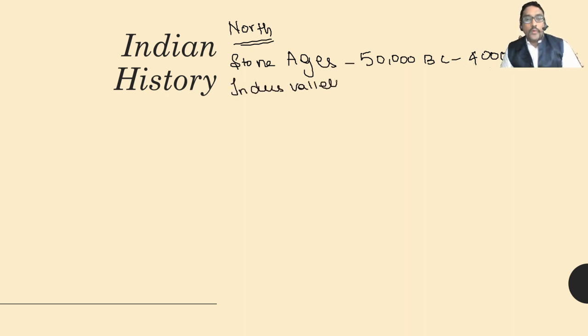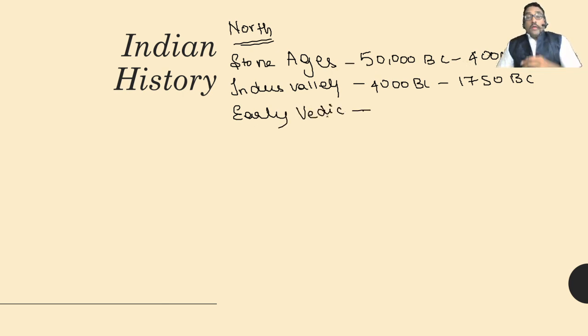Indus Valley, 4000 BC to 1750 BC. Early Vedic era. This is the period when the Rig Veda came into existence, when the Vedic people came into existence, and the Indus Valley was replaced by the Vedic civilization. That early Vedic is from 1750 BC to approximately 1000 BC. This is largely the Rig Vedic era.